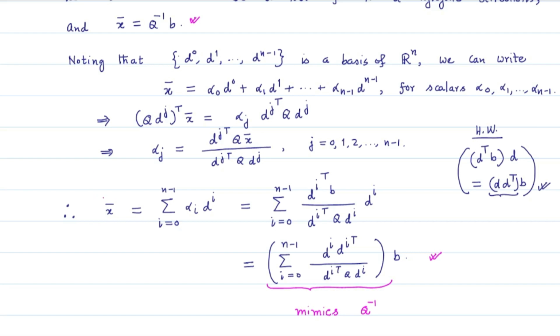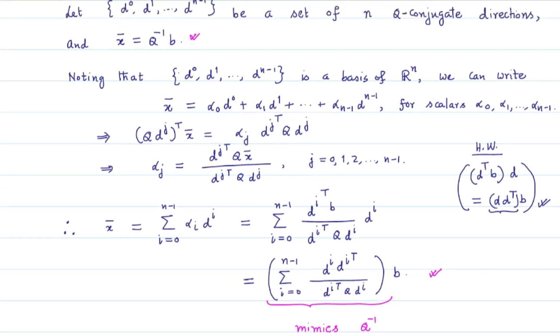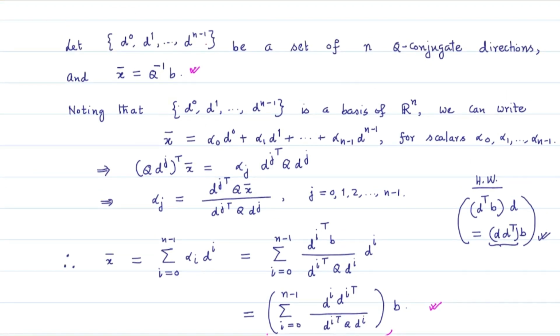So we don't need any computation of q inverse. You just need n many directions d naught, d1 till dn minus 1, those are q conjugate. With the help of those vectors you consider to compute this matrix and then multiply this matrix with the vector b, you are going to get the vector x bar. So this is very fascinating that you don't need any computation of inverse of some matrix.